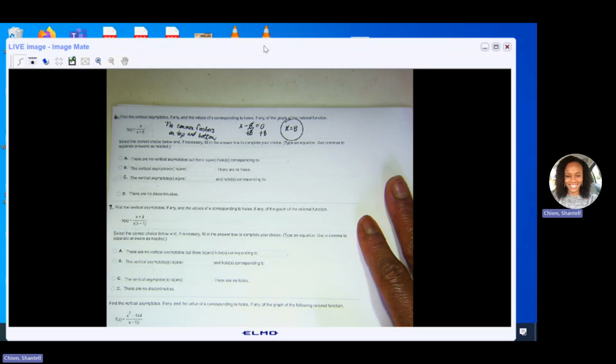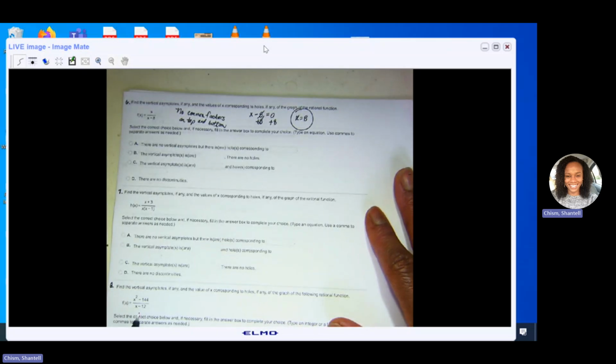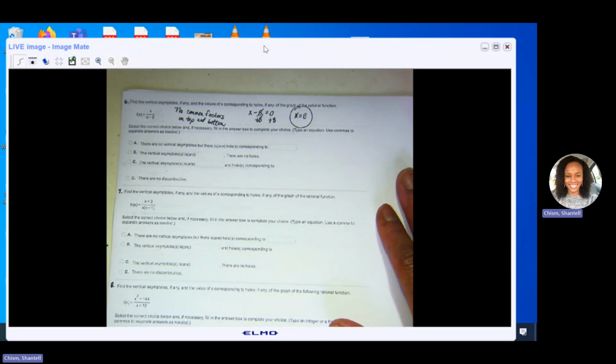There are no holes. I will explain when we see one where we've got a hole in the graph. I think number 8 is going to be one like that. Basically, it is a hole when originally a particular value made you have 0 in the denominator, but that factor could cancel out with top and bottom.